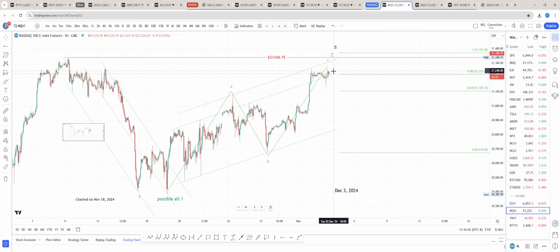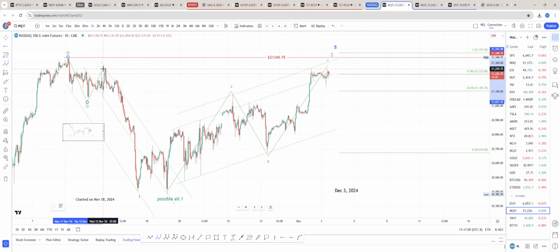The big question is whether Nasdaq, this is futures, will make a new higher high, a new all-time high or not. If it doesn't, then we will consider this wave as an impulse down, and I'm talking about this wave.